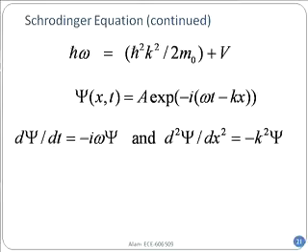Now, the first thing is that, remember, I have just copied the last equation from the last slide. h omega is h bar squared k squared divided by 2 m naught plus V. Now let's assume, and this is out of the blue, no reason for this particular assumption, that there is a function called psi, which is a wave function, like an electron wave, given by e to the power i(omega t minus kx).